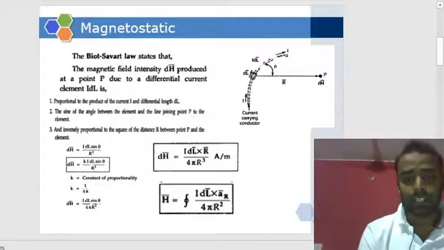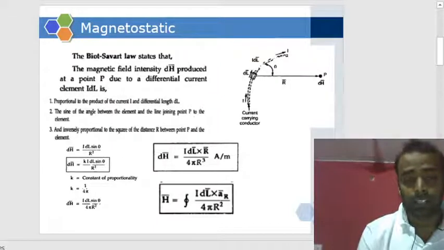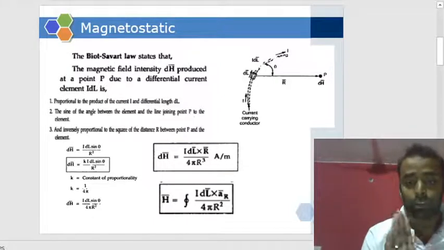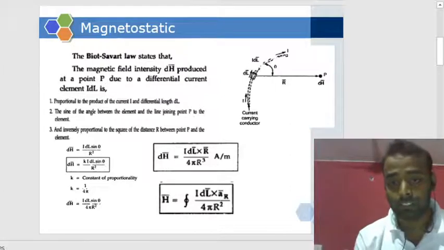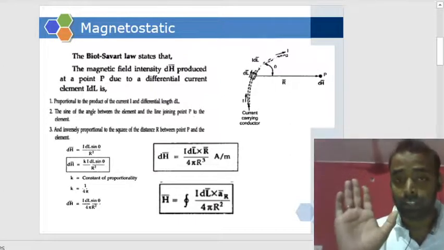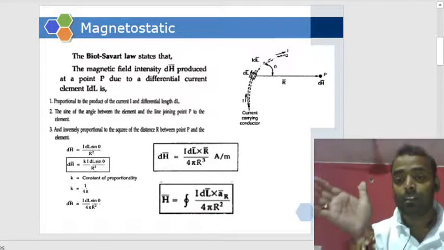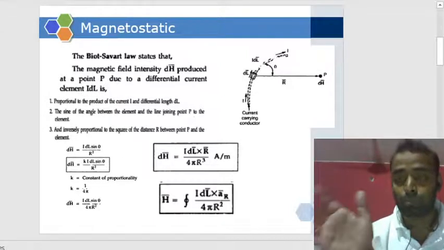Suppose we are having a current carrying conductor, and the direction of the current can be anything, from top to bottom or bottom to top. You remember how we determine the direction, isn't it? By using the right hand thumb rule. Suppose in a conductor the current is flowing from bottom to top.